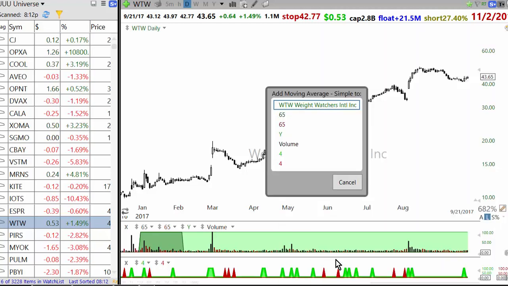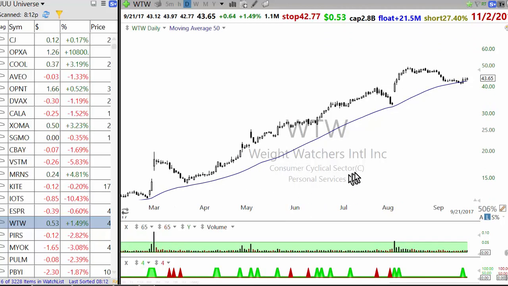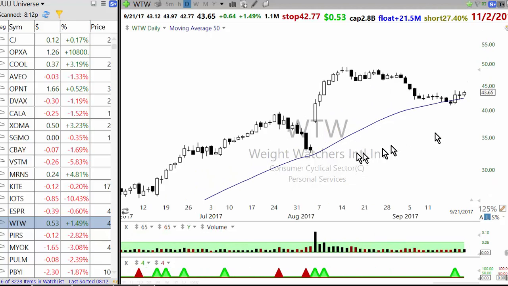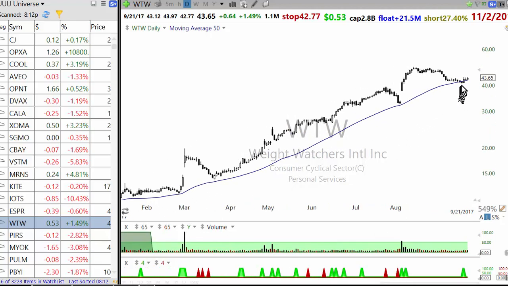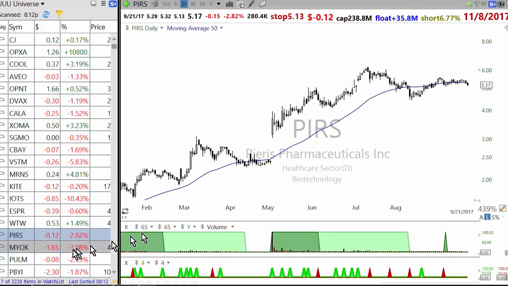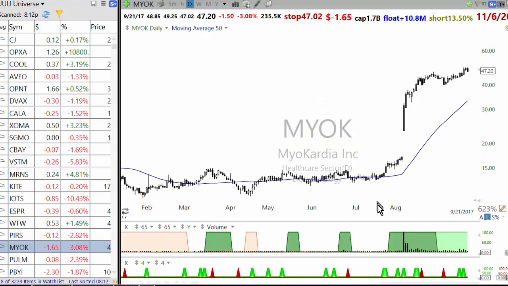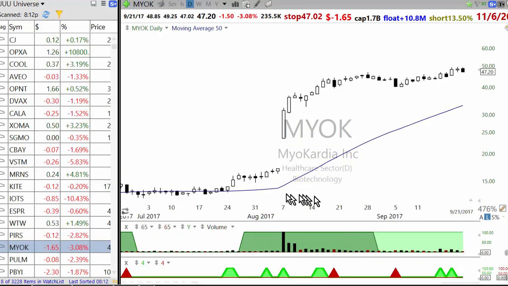Just check it out as a hypothesis, and see whether it makes sense, given that many of the strong stocks will not even come to the 65-day MA. By the time they come to the 65 MA, it might be too late to buy. Okay, I'm not saying that that's a wrong setup, but it's one possible setup in your bag of tricks which you can use, but don't make that your only thing.